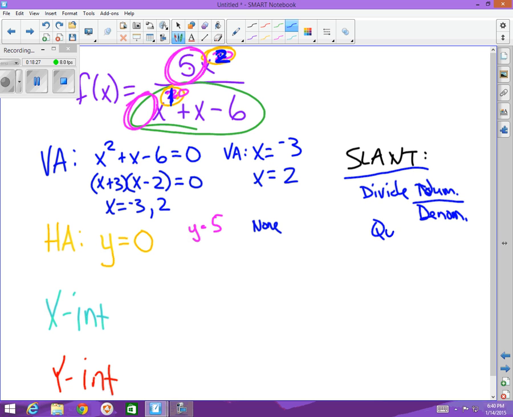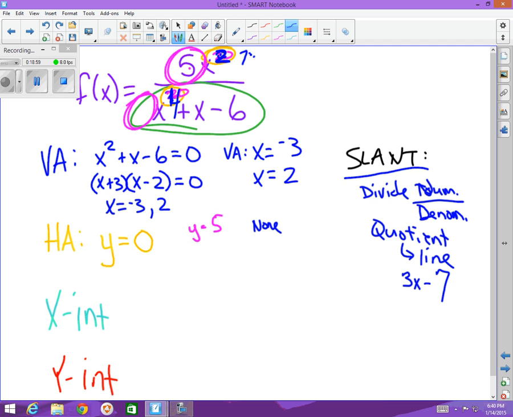And the quotient is your slant asymptote, and that should be a line. You should get like 3x minus 7 or something like that. That only can happen if the top one is bigger by 1. If this is like, say, 7 and this is 4, well, yeah, that's bigger, but it's more than 1 bigger, so when you divide, you're not going to get a line anyway. And so there's no horizontal asymptote.